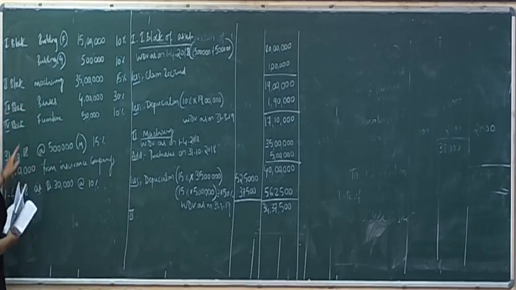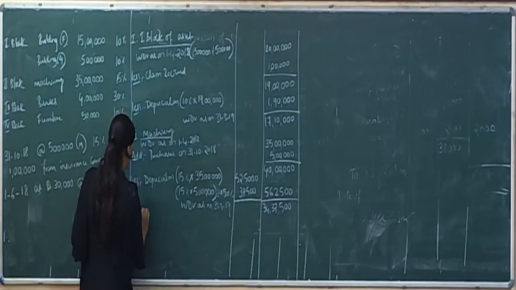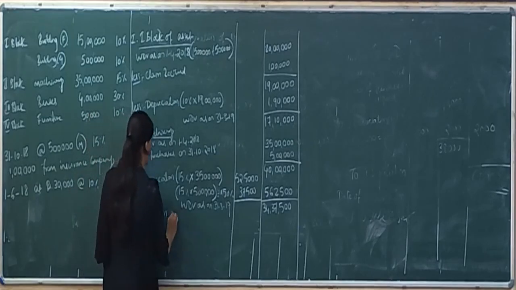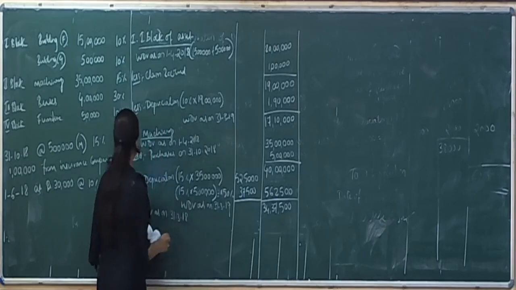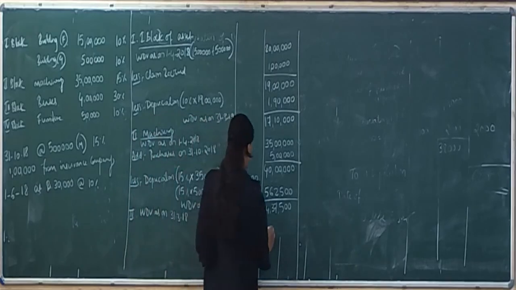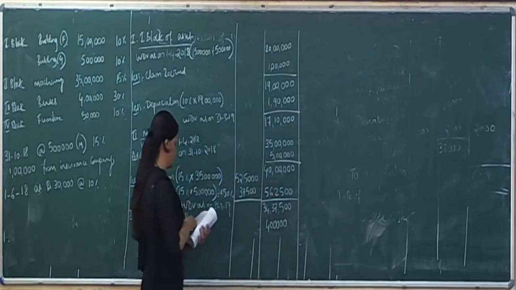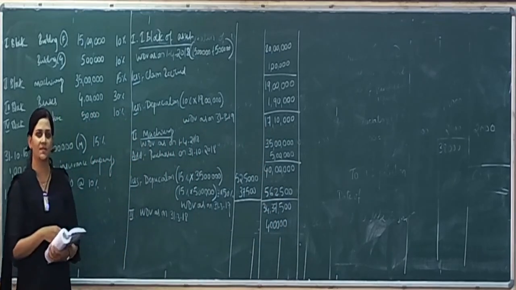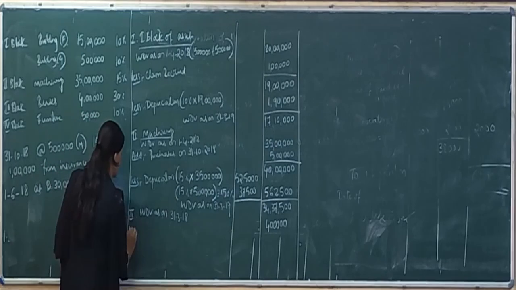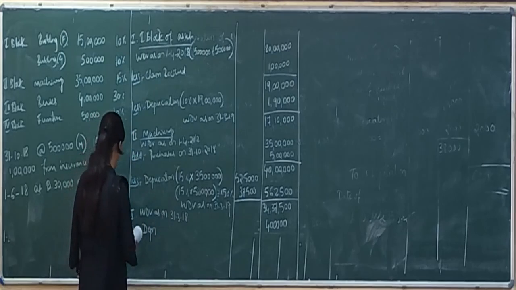Okay, so now coming to the next block of asset, that is the third block, so again written down value. Okay, so the value is 4 lakhs over here. So 4 lakhs. Okay, so now we don't have any purchase or sales on this. So directly we can charge the depreciation. So less depreciation.